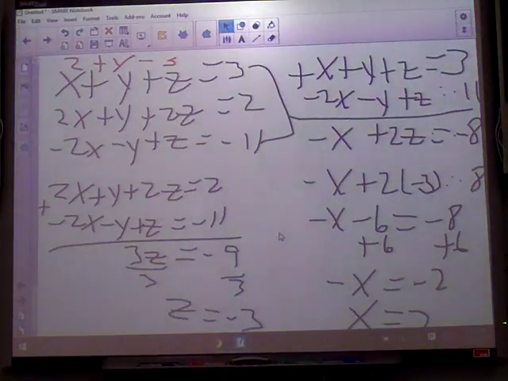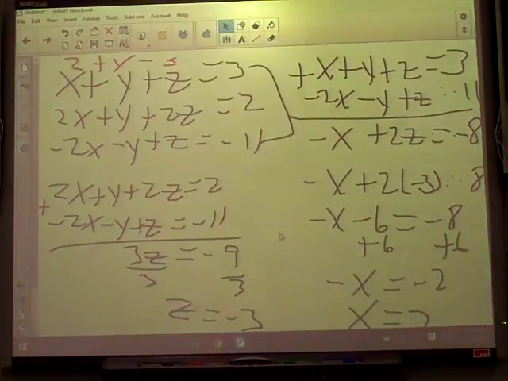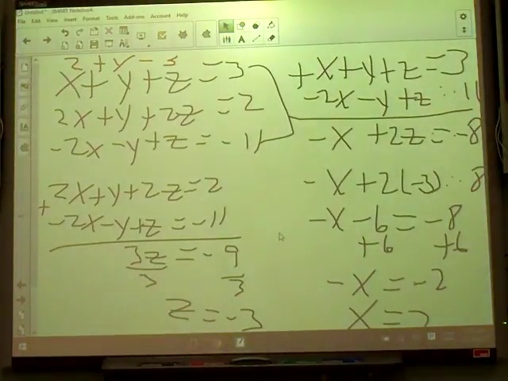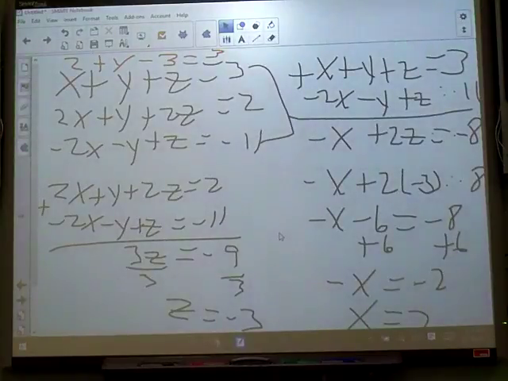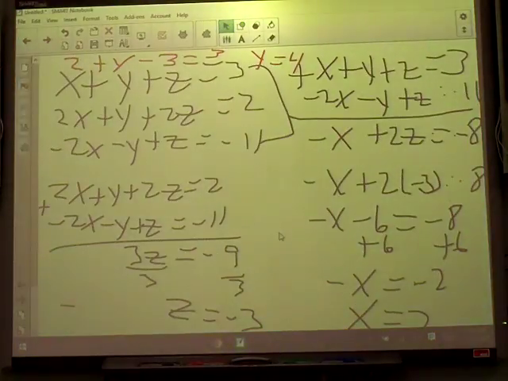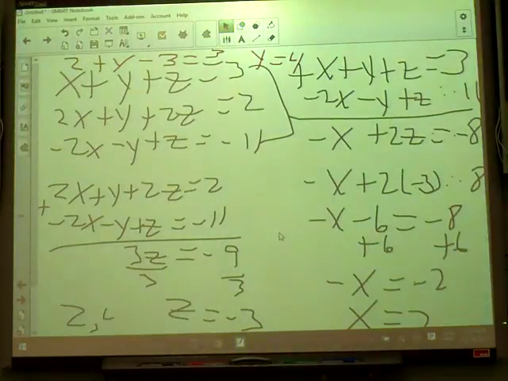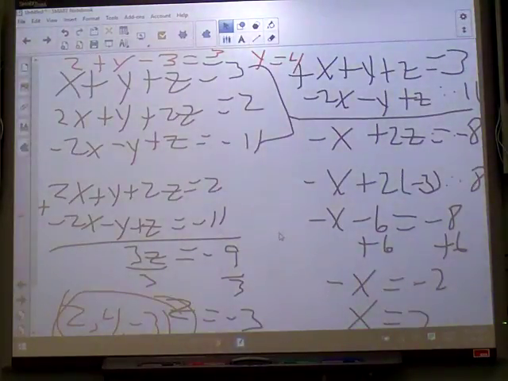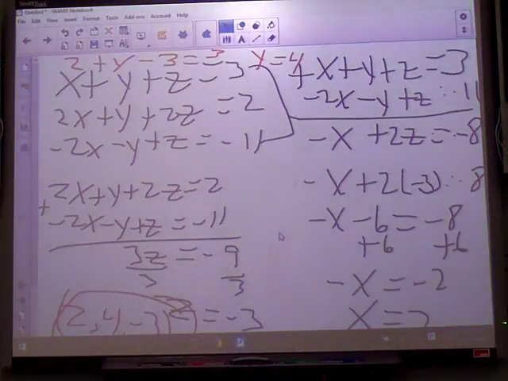So 2 and negative 3 is negative 1. So we have y minus 1 is equal to 3. Add your 1, y would be 4. So I got x, y, z: 2, 4, negative 3, down there at the very bottom.